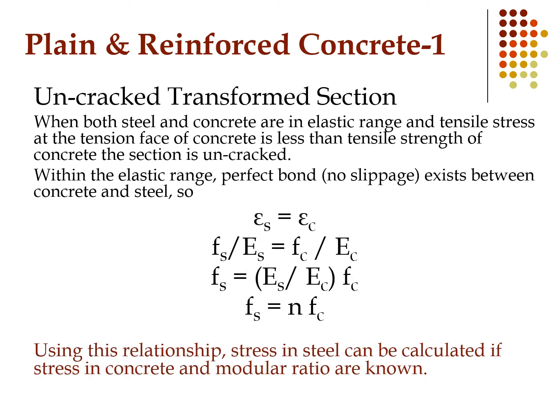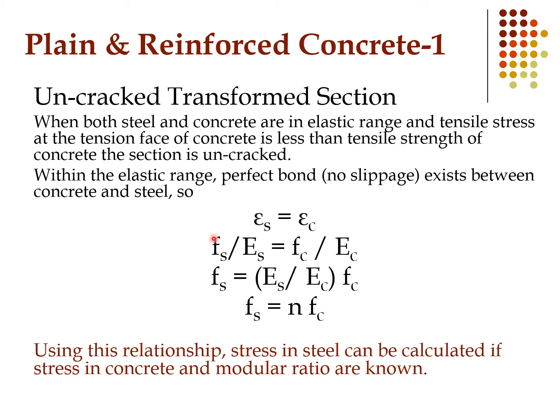Uncracked transformed section. When both steel and concrete are in elastic range and the tensile stress at the tension face of the concrete is less than the tensile strength of concrete, this section is called an uncracked section. Within elastic range, perfect bond exists between steel and concrete, which means that strain in steel is equal to strain in concrete.